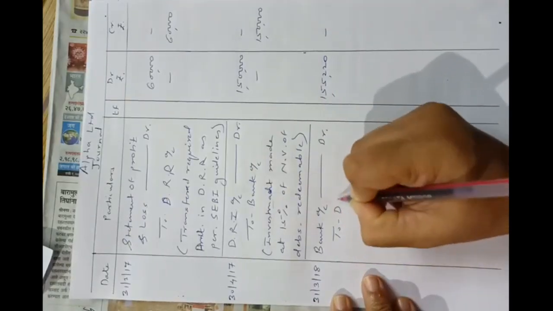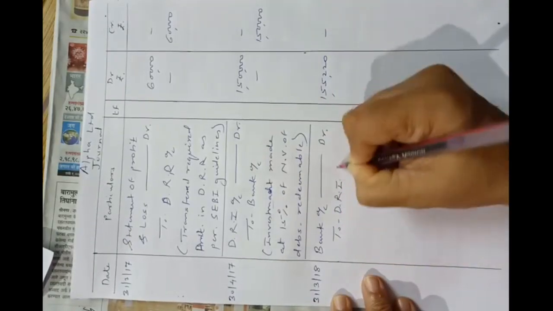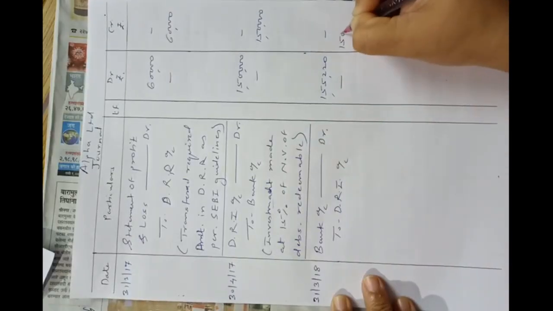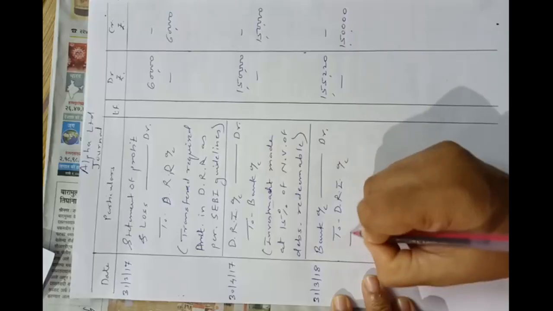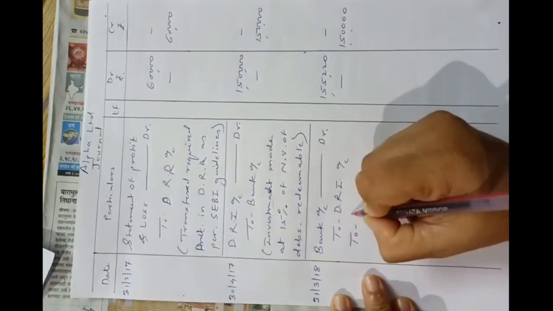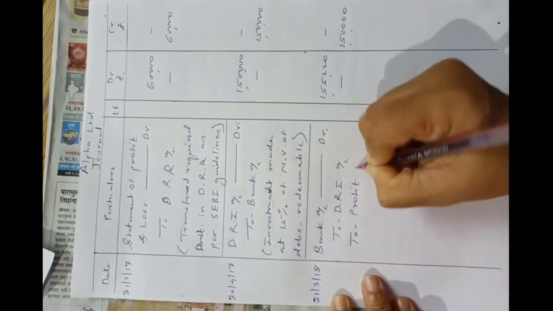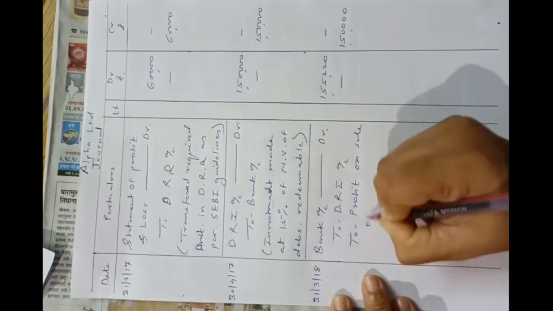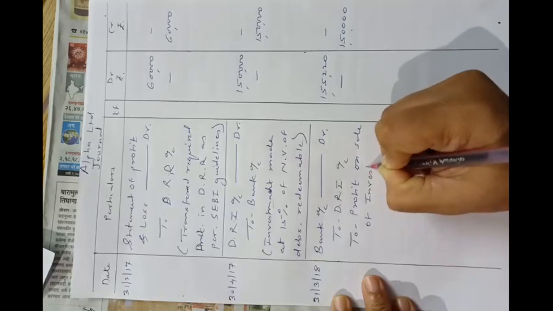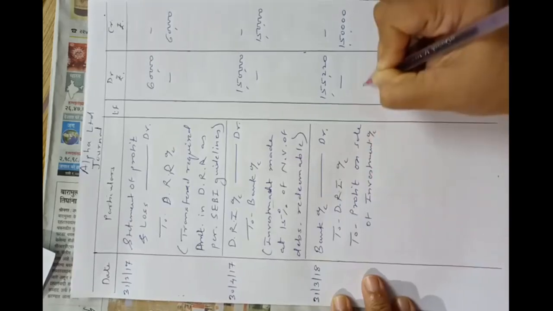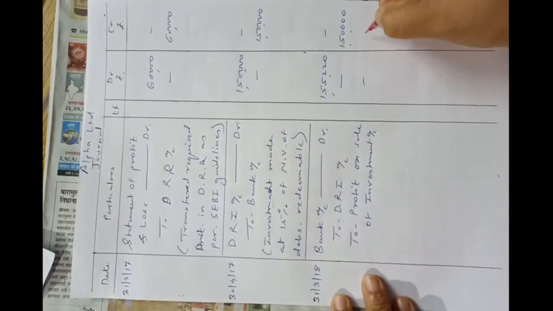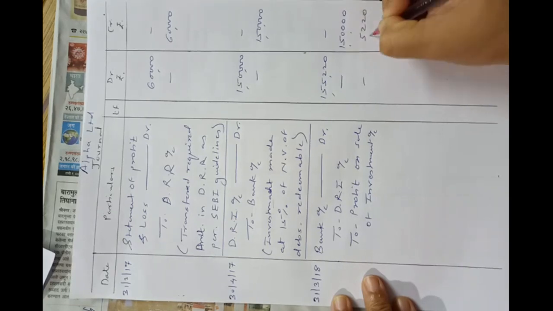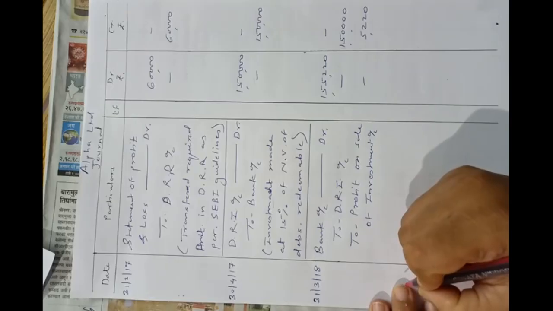To DRI, debenture redemption investment account, 1,50,000, and to profit on sale of investment account, as per our calculation, 5220 is the profit on sale of this investment.